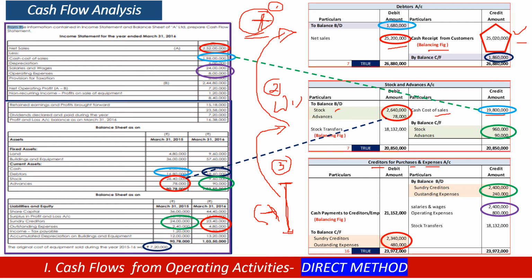That cost was 198 lakhs. That is what is appearing here as cost of sales. Cost of sales is what we sent to customers, 198 lakhs. Fine. Then we have a closing balance of 960,000 and 90,000.